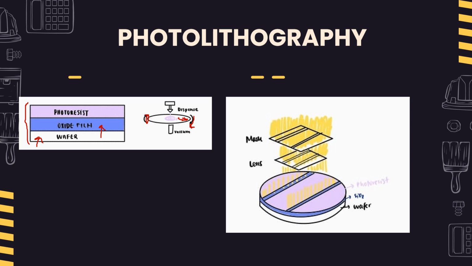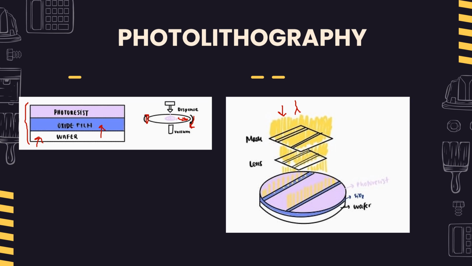Then we will design the desired pattern in our mask. In this case, I decided to choose just two parallel conducts, and we will apply this light, which has a certain wavelength. The light will pass through the mask and through a series of lenses, and will impact the photoresist, which will be removed, and so our final surface will have an empty space right there.